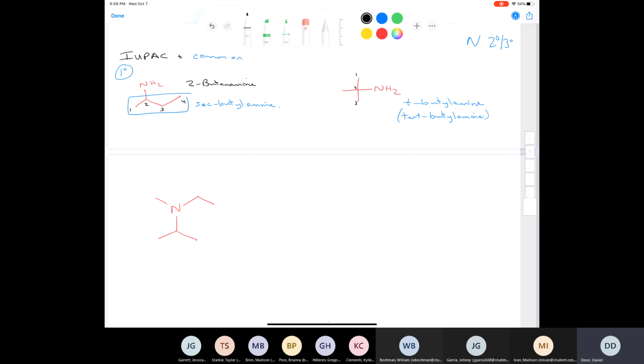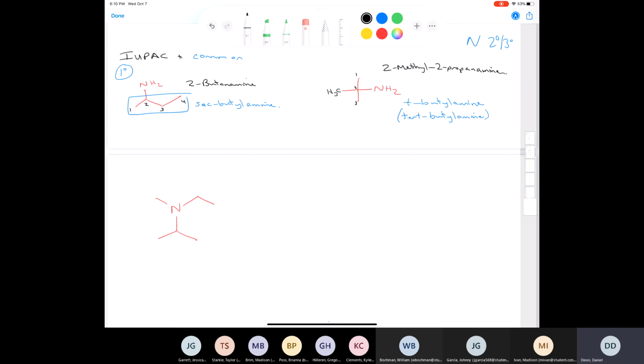So this would be 2-methyl-2-propanamine. Okay, so that's the IUPAC name.